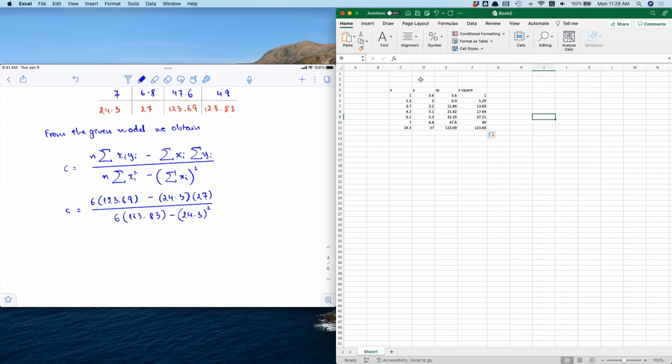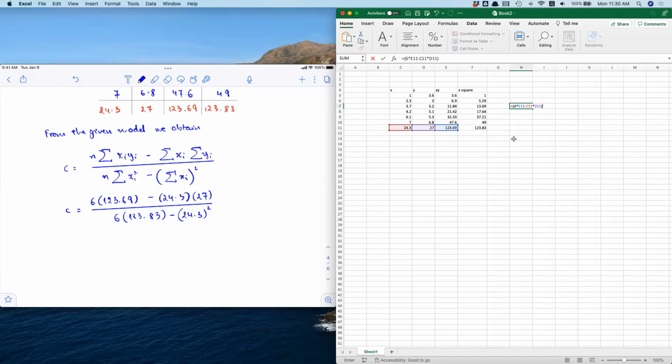Now, if you do a quick calculation using Excel, I'm going to set this up, right? So this is equal to, open parenthesis to enter the information for the numerator. So 6 times the summation of x times y, minus the summation of x times the summation of y, close parenthesis. We're done with the numerator.